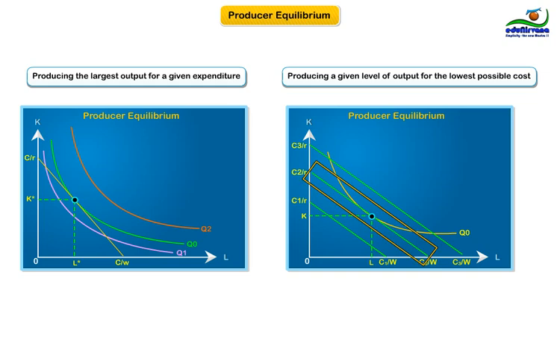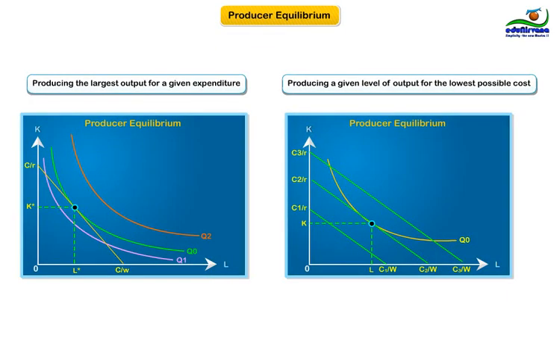Then superimpose a map of isocost lines, each corresponding to a different cost level. As shown in the figure, the least cost input bundle L and K corresponds to the point of tangency between an isocost line and the specified isoquant Q naught.